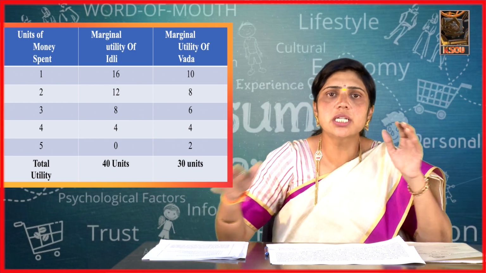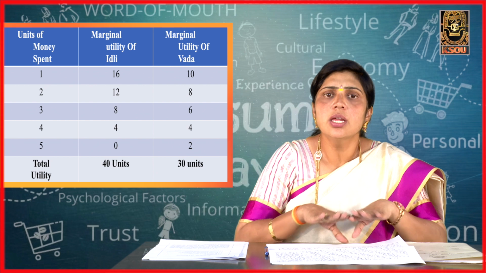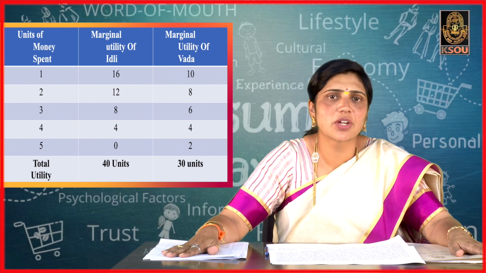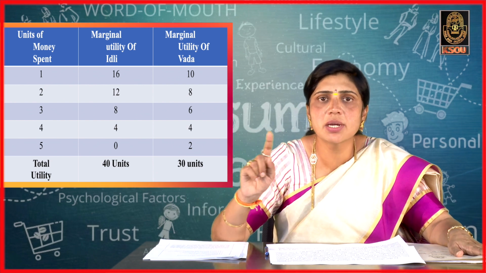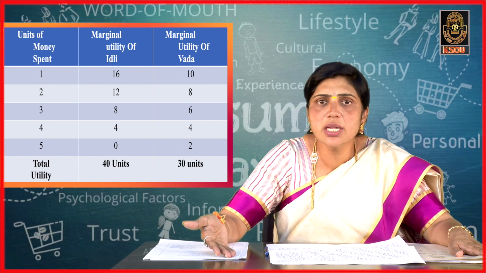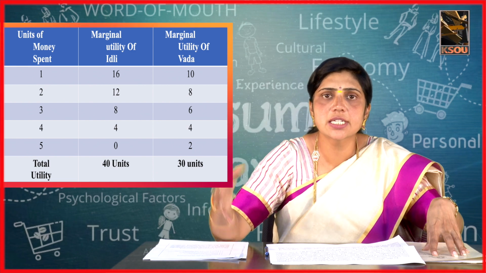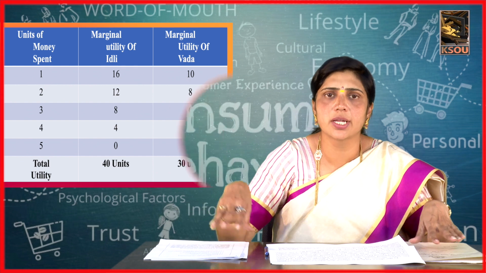If the consumer spends his entire income in this way, he will not maximize his satisfaction. Therefore, in order to maximize satisfaction, the consumer has to spend some rupees on idlis and other rupees on vadas.